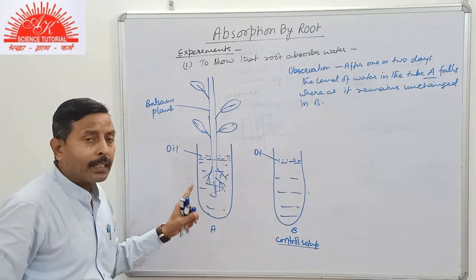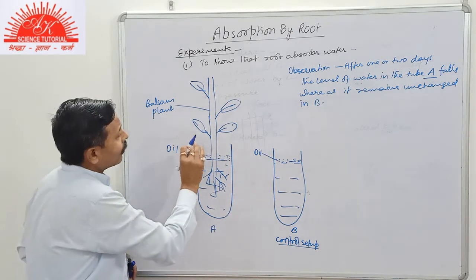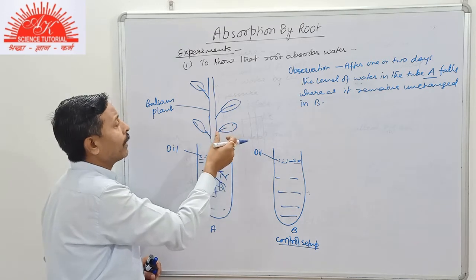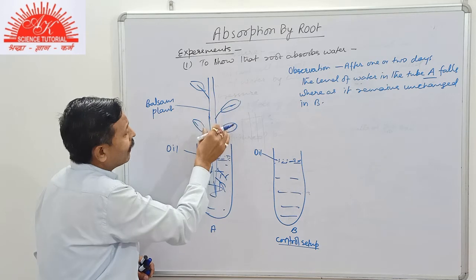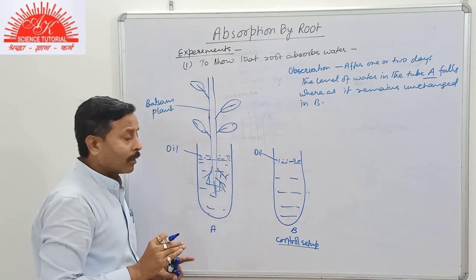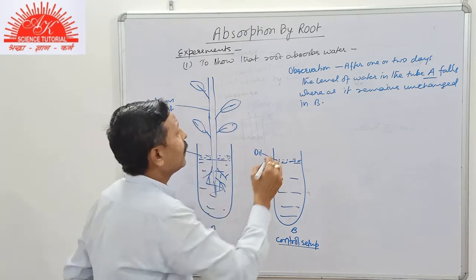Now we have to explain its reasoning. The water is lost due to transpiration or other life processes by the aerial part of the plant, which is in turn absorbed by the root.